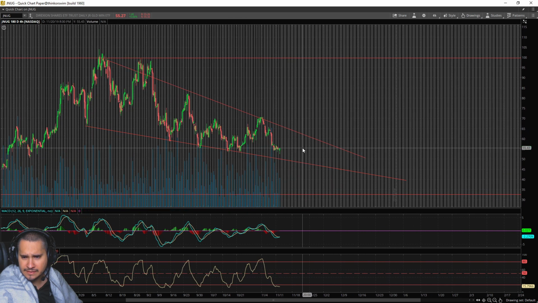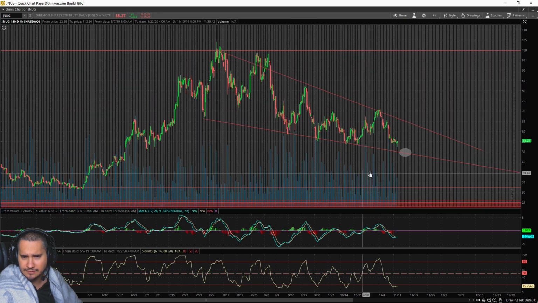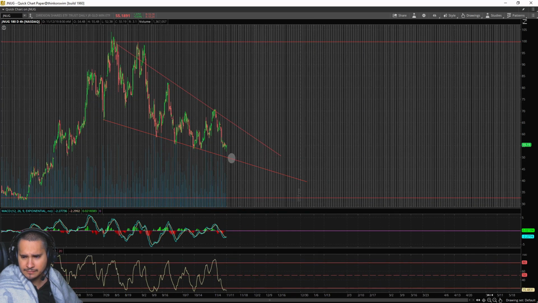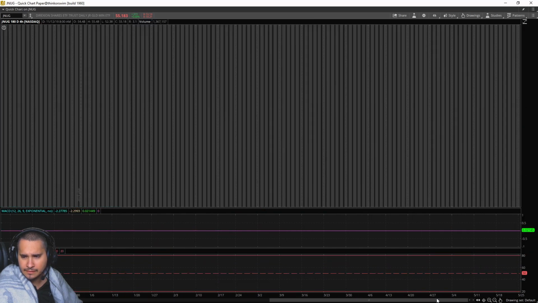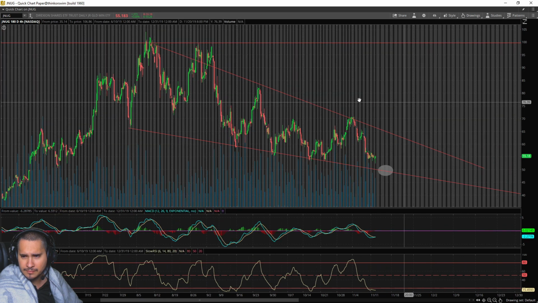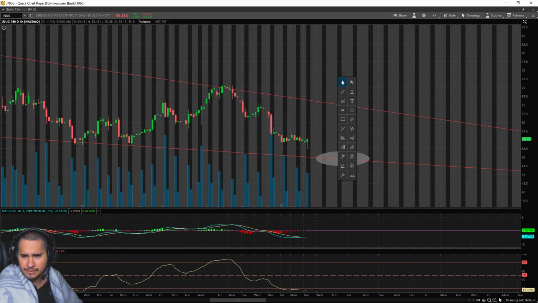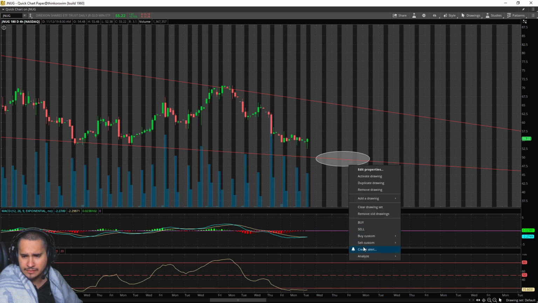Does that mean that it's going to touch here and it'll go back up, or will it touch there and then just sink down? So, damn it, God dang, it's not cooperating with me today. So what I'm gonna do is actually put an alert here, because I need to know if it dips below.